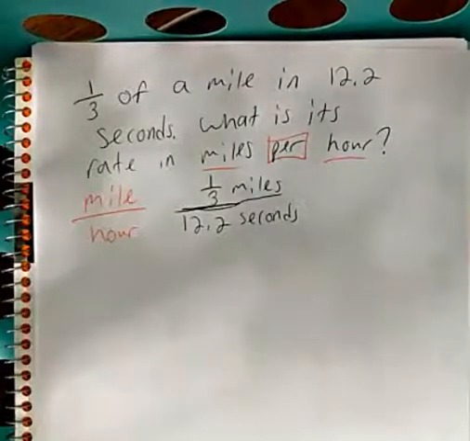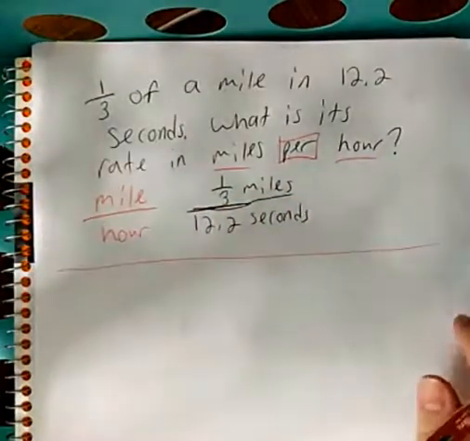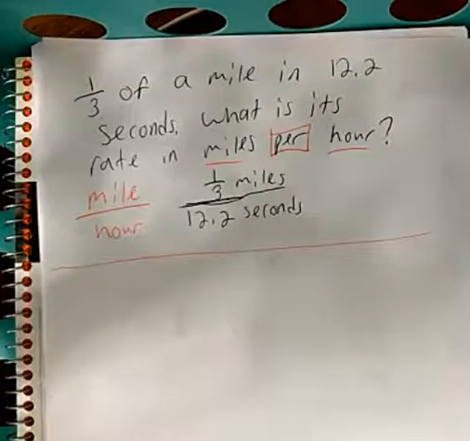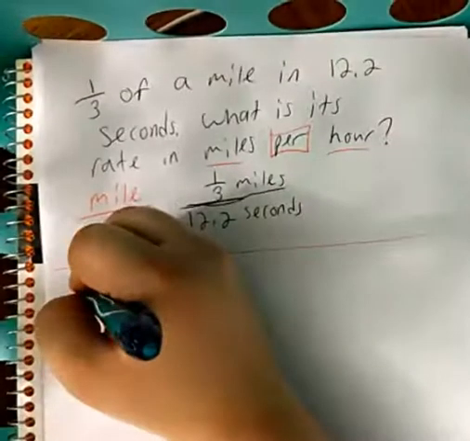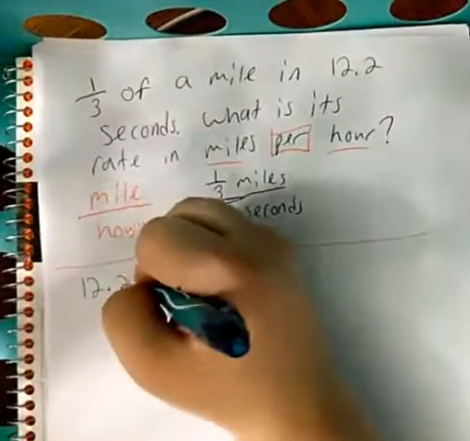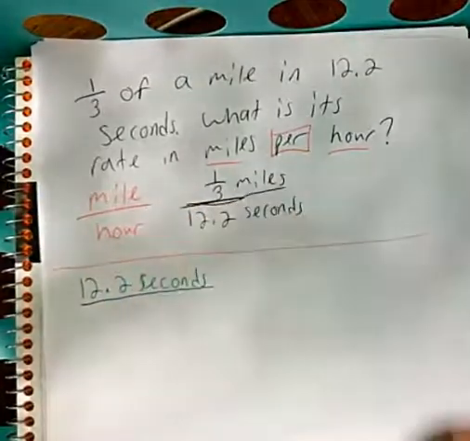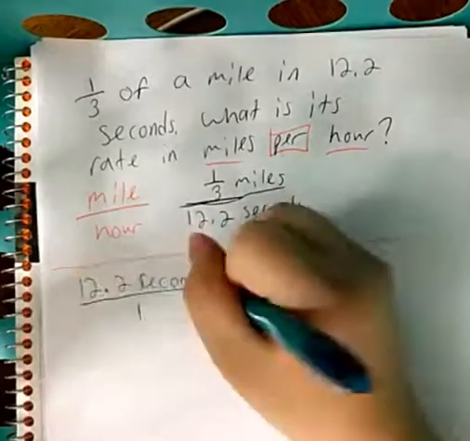First, we got to convert from seconds to hours. So I have 12.2 seconds. Remember, if you do not have a denominator, you make the denominator 1.